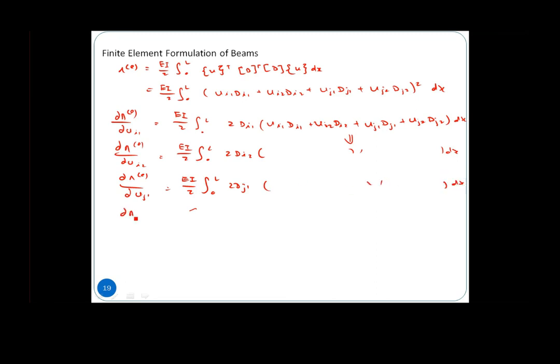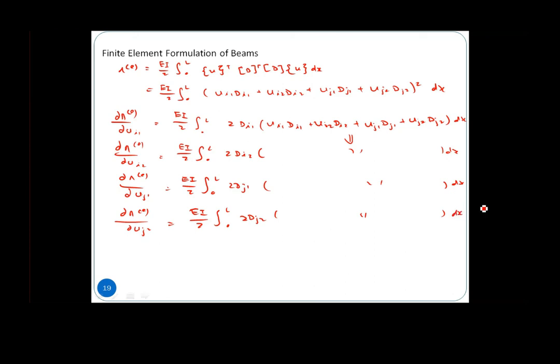And finally, for UJ2, we also have the same thing, integral 0 to L, 2 DJ2, dx.